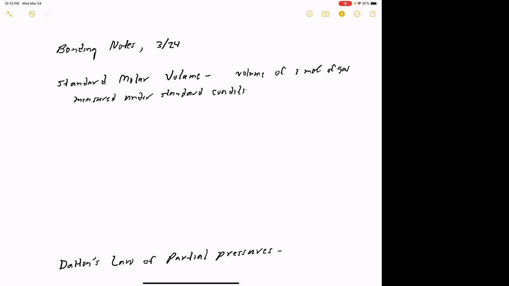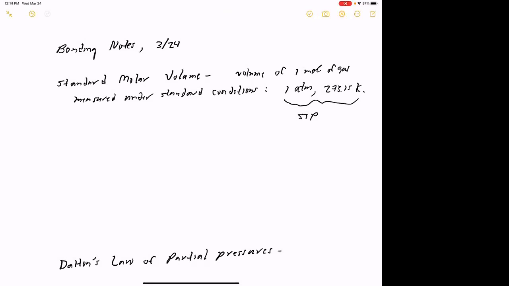So when we talk about standard conditions, what we're really talking about is the standard temperature and pressure. So the standard pressure is 1 atmosphere, and the standard temperature is 273.15 kelvins.